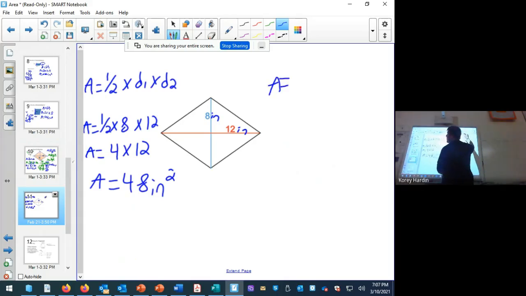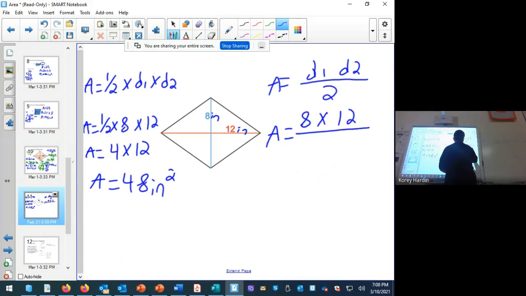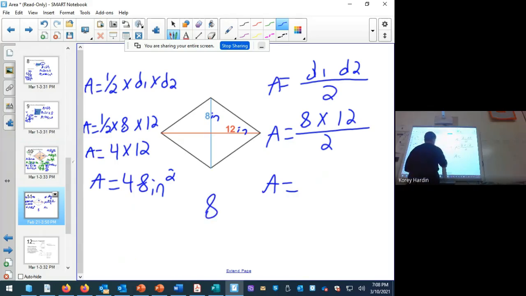Area equals D1, D2 divided by 2. Okay? So area equals D1 is 8 times 12, which is D2, divided by 2. Area equals 8 times 12, work it out just to make sure. 8 times 2 is 16, carry the 1. 8 times 1 is 8, plus 1 more is 9.